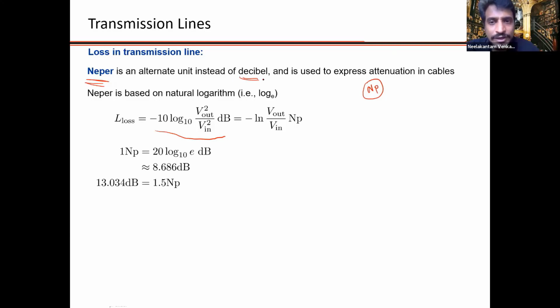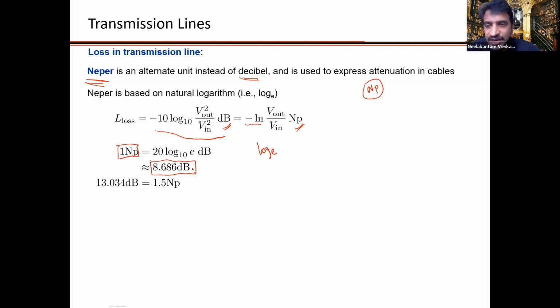So how do you define one neper? The neper is going to be minus ln, which is logarithm to the base e, of V out over V in. It is defined just like how we define decibel. One neper is 8.686 decibels. So if you want to convert from nepers to decibels, you can use this expression. One neper is 8.686 dB.